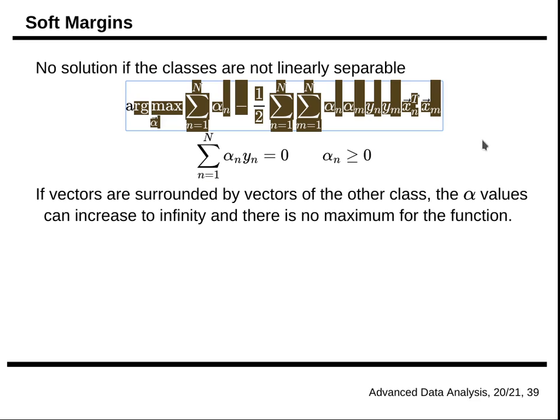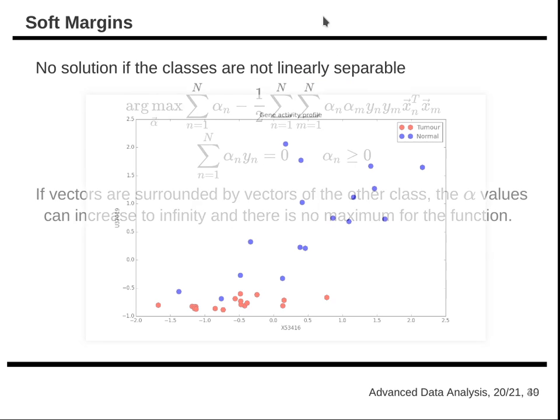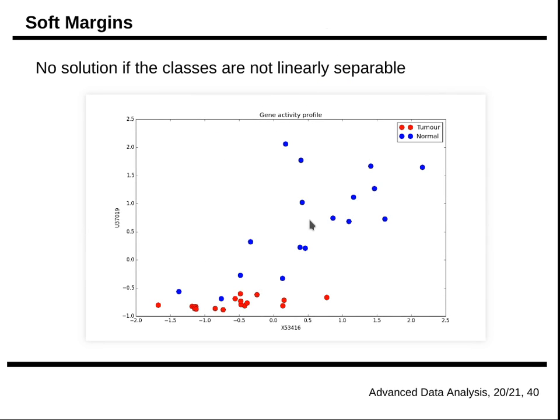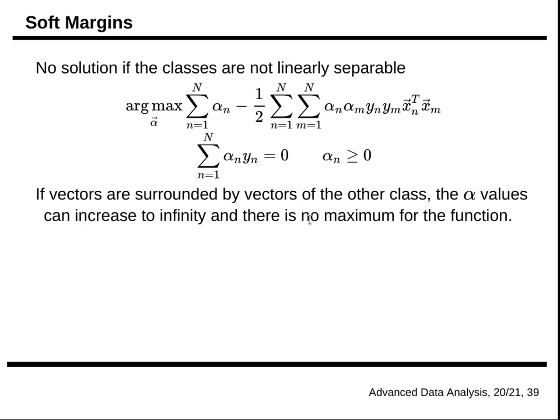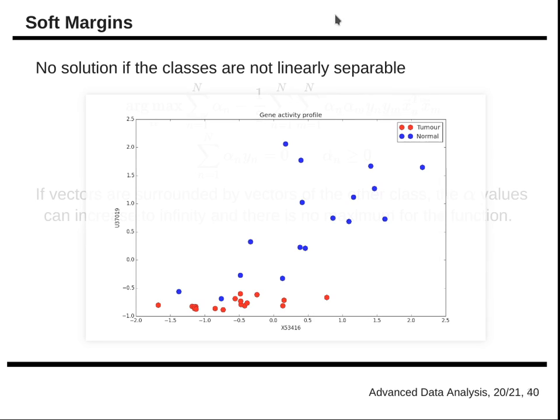So when we have classes that are not linearly separable, for example like this, then we don't have a solution to this problem. We cannot find a set of alphas that maximize this expression because everything just shoots to infinity.